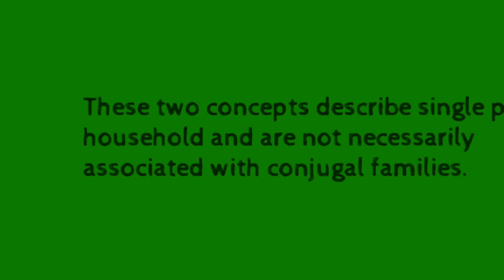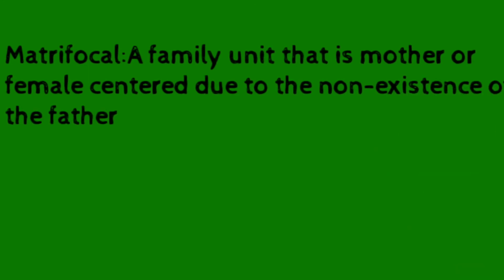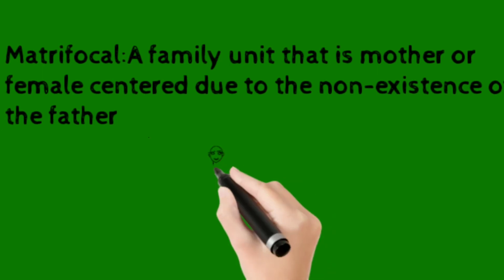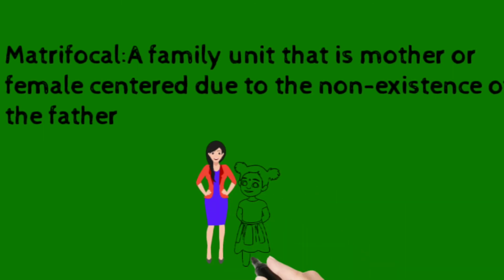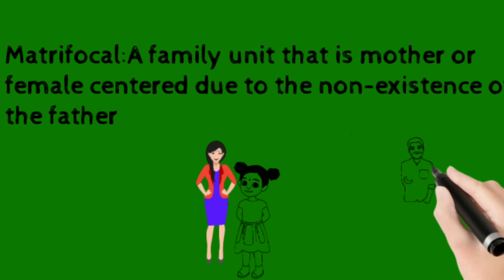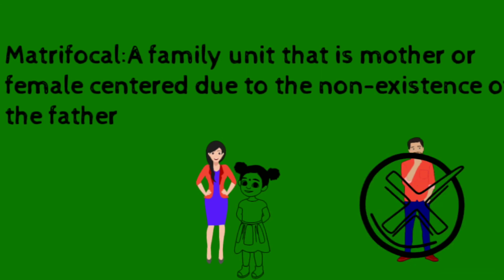The matrifocal family is a family where the focus is on the mother. Please notice that I'm not saying wife in this case, because there is no man in this type of family. It is a single parent family. So matrifocal means the focus is on the mother, and she is the dominant figure, the figure of authority merely because the man is absent.